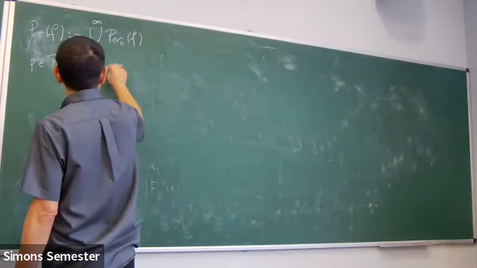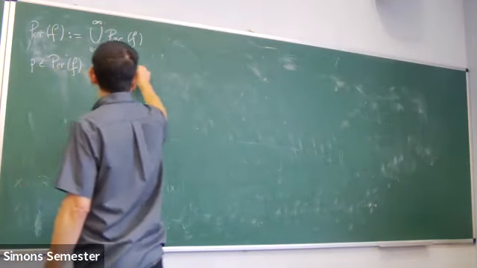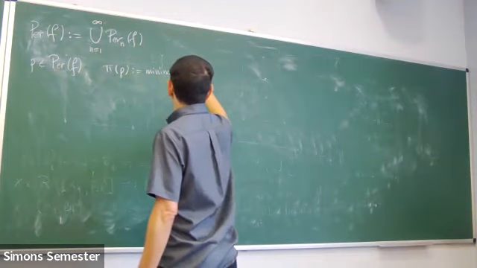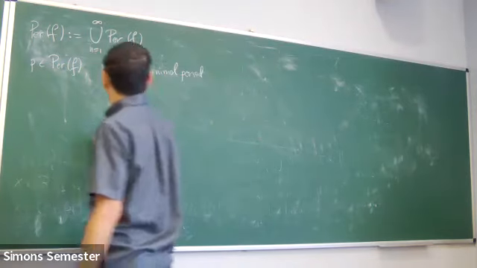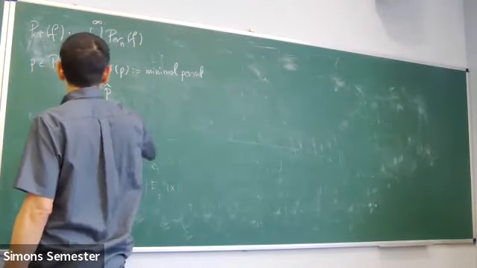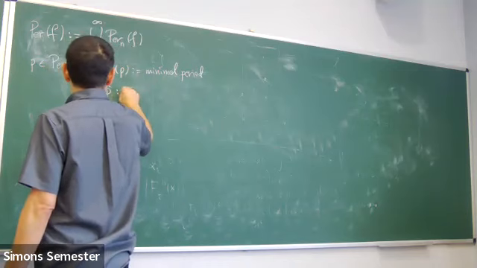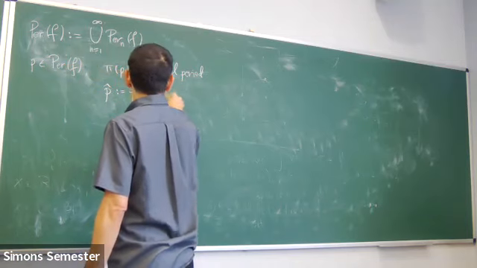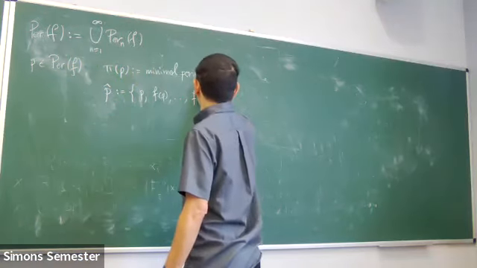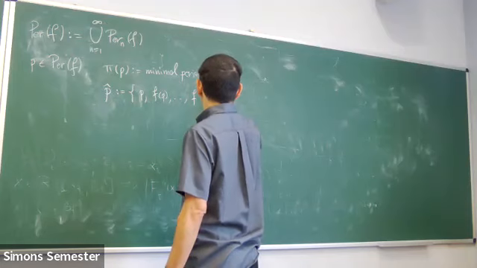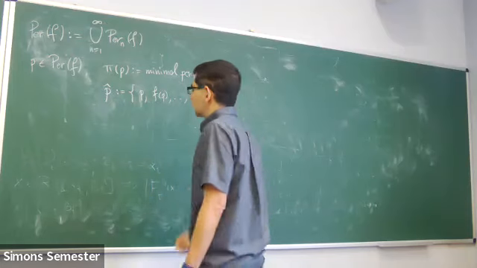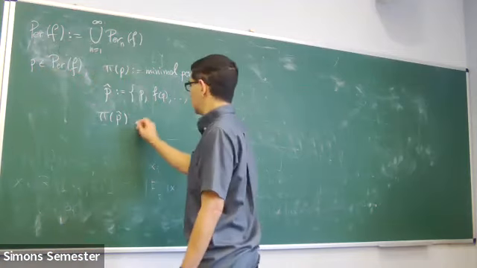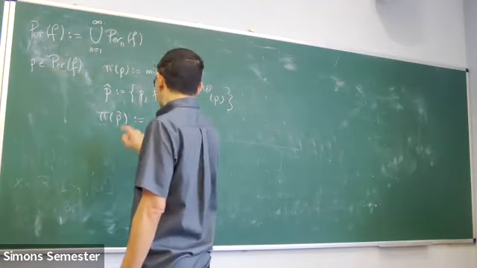So we define, well, first the minimal period. And P hat is going to be the orbit. And also use the period of the orbit.